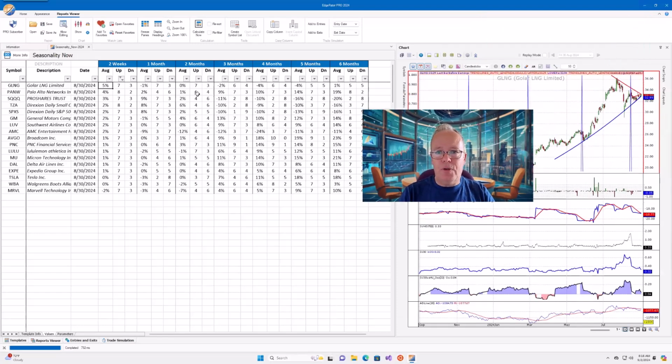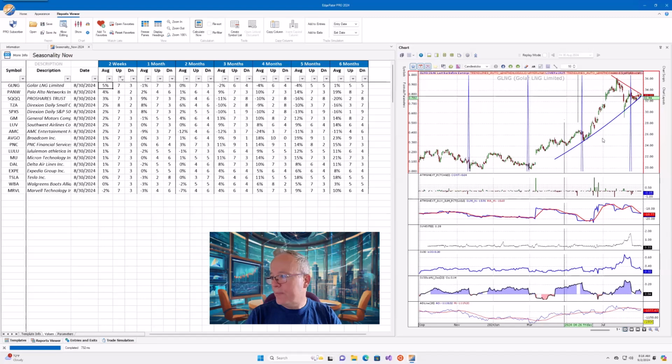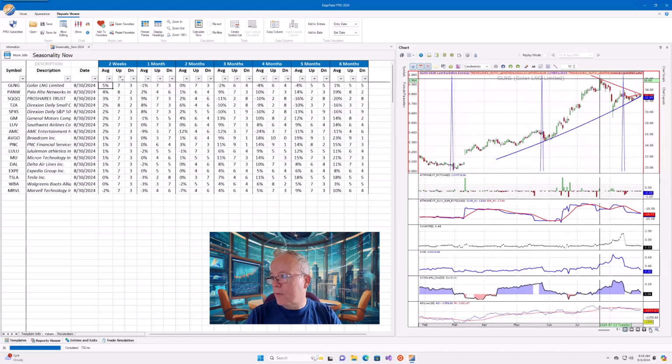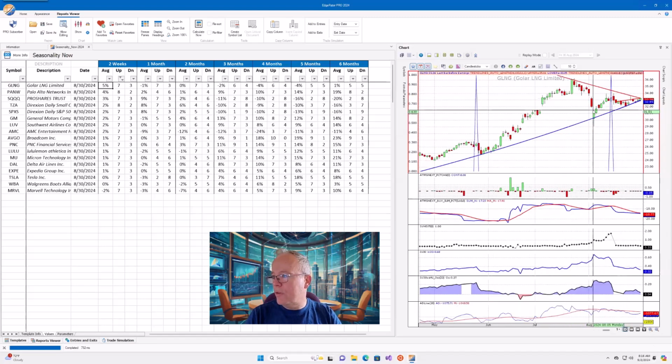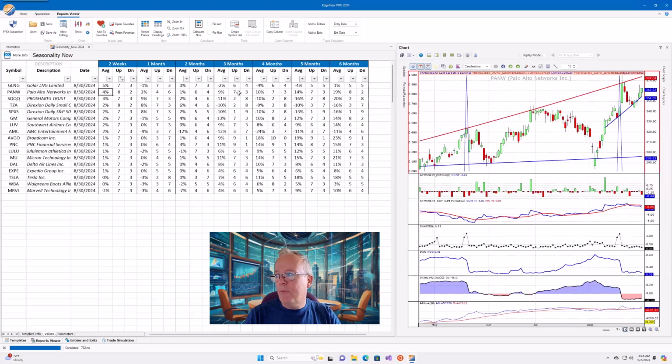So you've got this Golar LNG. And this chart, I've configured with my trend lines, the trend lines that were added into EdgeRater. So Golar 7 and 3, 5% over the next 2 weeks. Then PanW, which had an interesting move because this appeared last weekend as well.